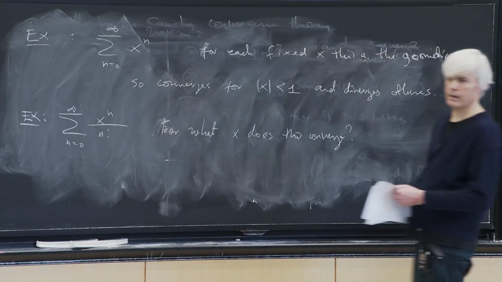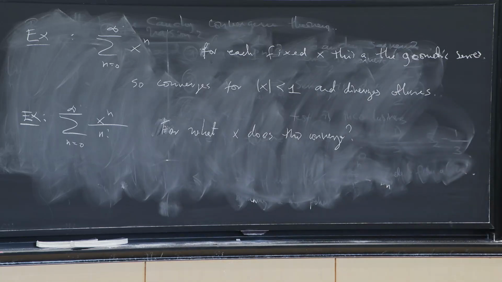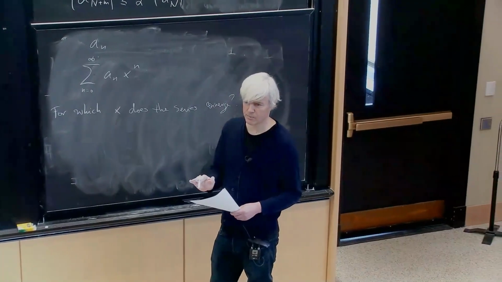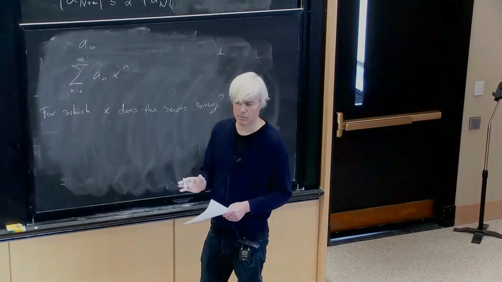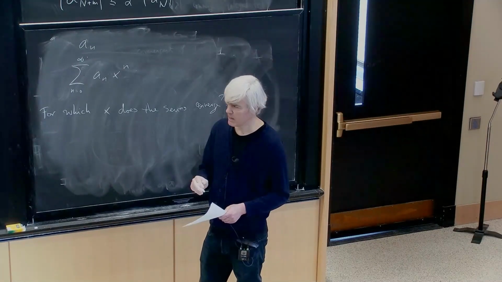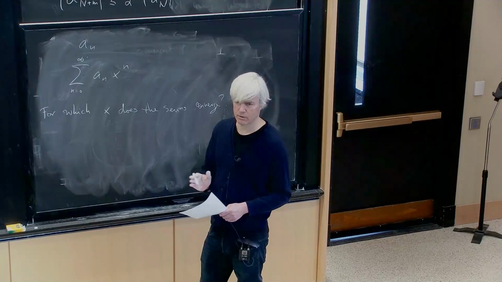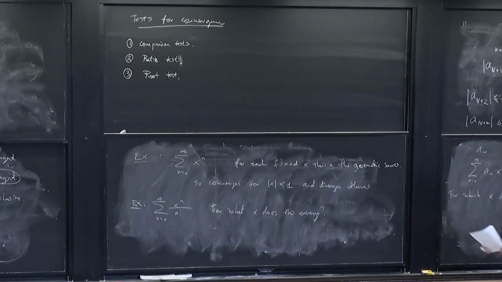And so it's natural here to try to apply one of the tests. So you just think about x as being fixed, and you just apply one of the tests. And the natural one is either the root test or the ratio test. Let's do the ratio test.